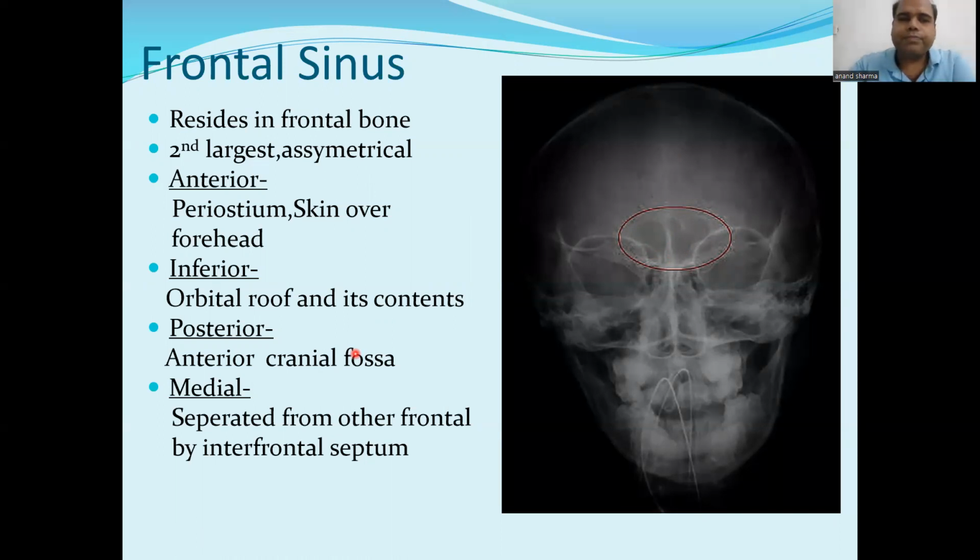Posteriorly, it is the anterior cranial fossa. Inferiorly, it is the roof of the orbit, and there is also an opening present in the floor of the frontal sinus. Then medially there is a septum separating it from the other frontal sinus. So the interfrontal septum is the medial part, and all the walls are covered.